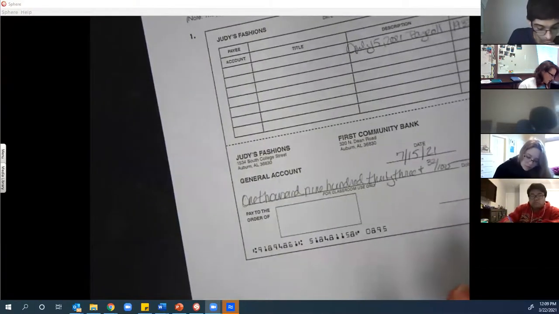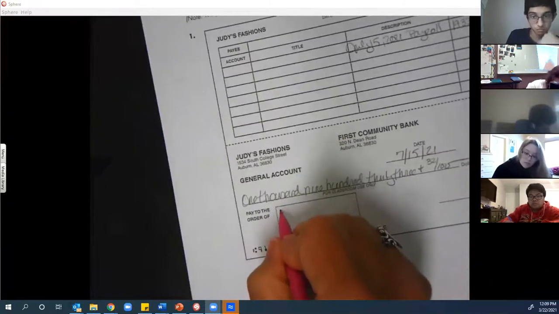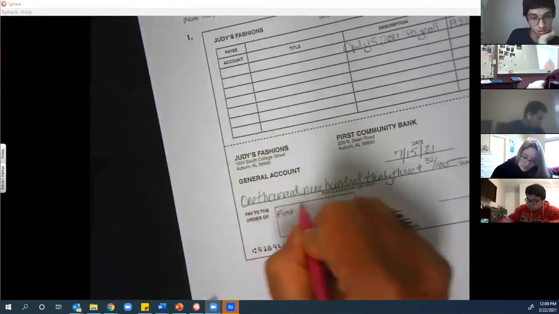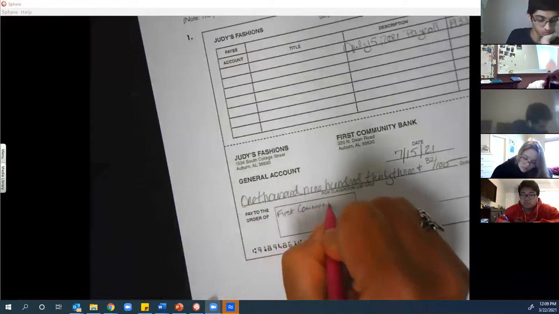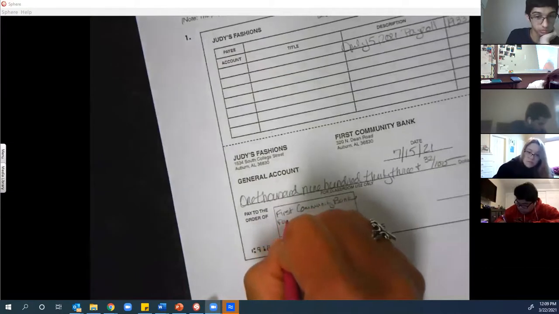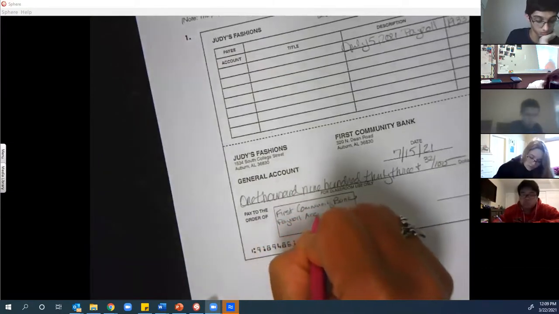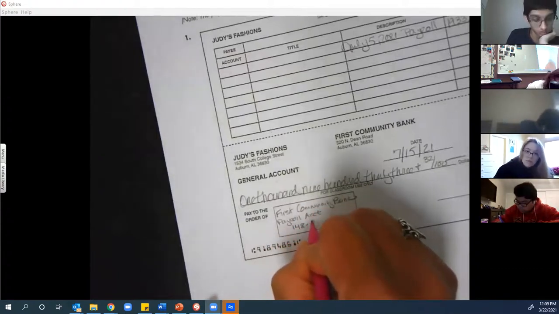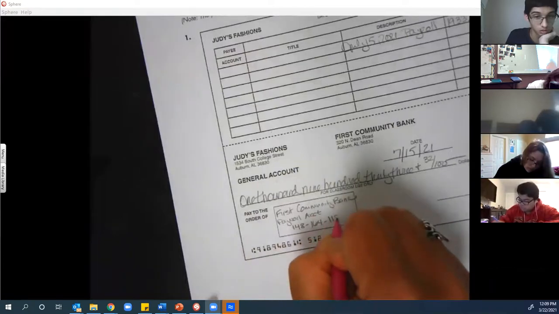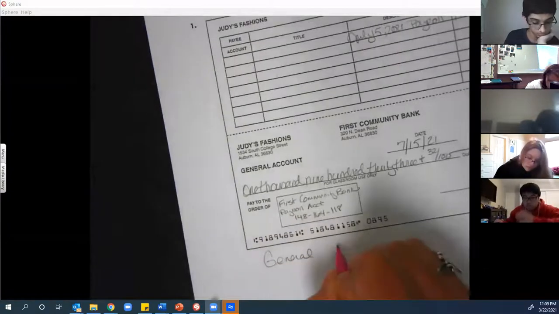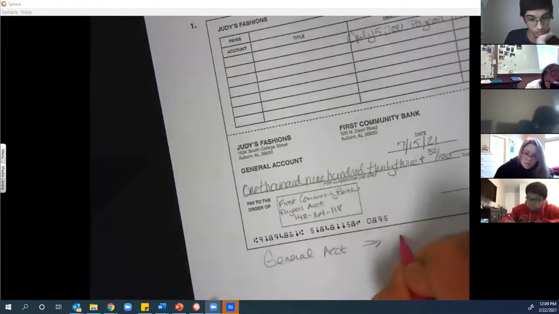It does tell us in our book that we are transferring it to the First Community Bank, to our payroll account. And then the number. Okay, so this is a check going from our general account to the payroll account.